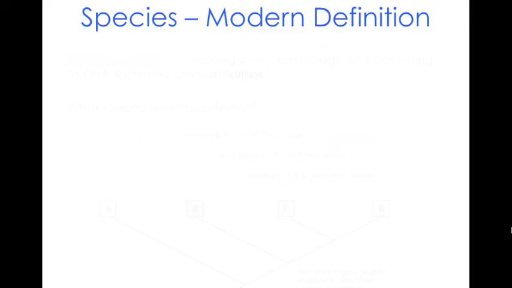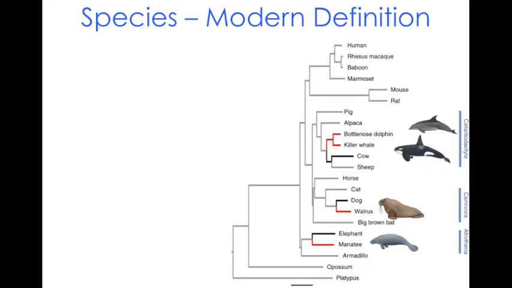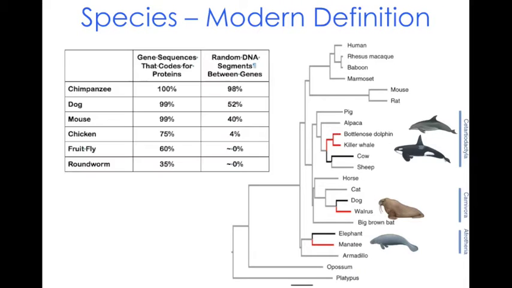Now, if we look at the modern definition here, there are some really cool discoveries that they've made using DNA sampling to identify species. Yeah. So if we look at the DNA sequences between humans and a whole host of different organisms, you can actually see similarities between segments.